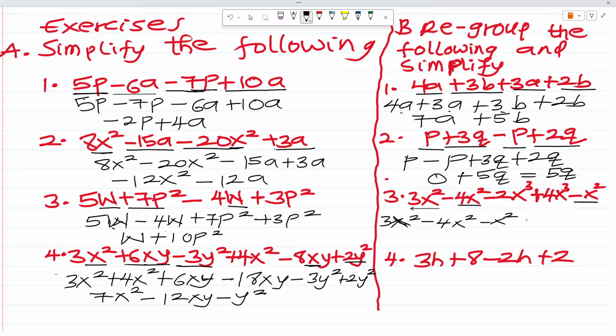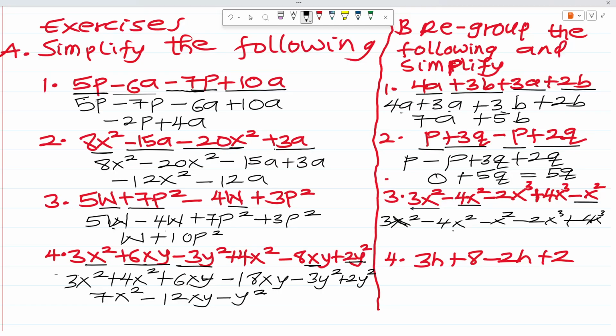Then the next one is minus 2x cubed, right? The last one is plus 4x cubed. So this is minus x squared, minus 2x cubed plus 4x cubed.